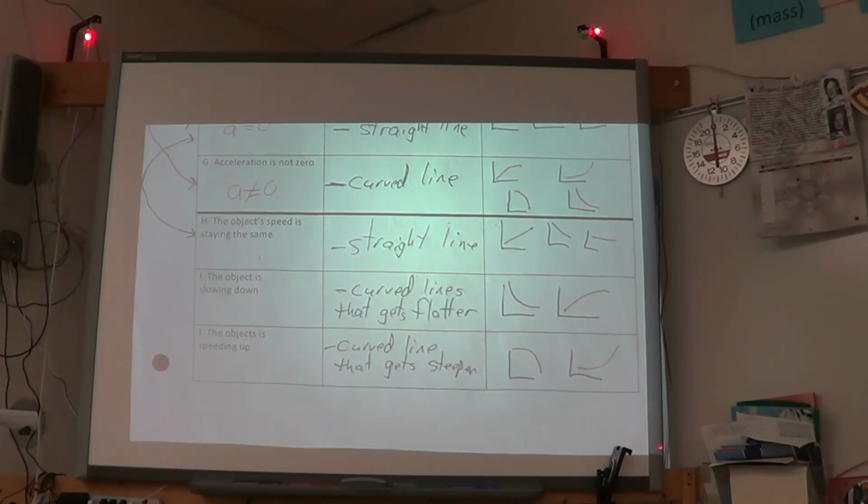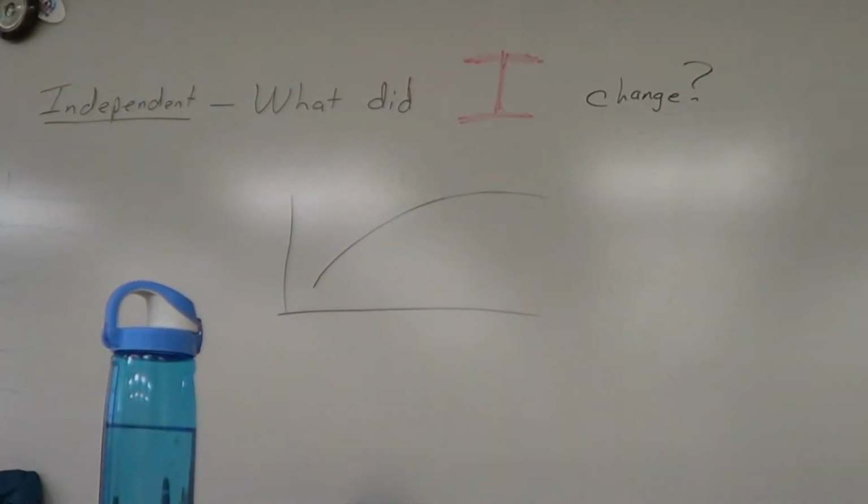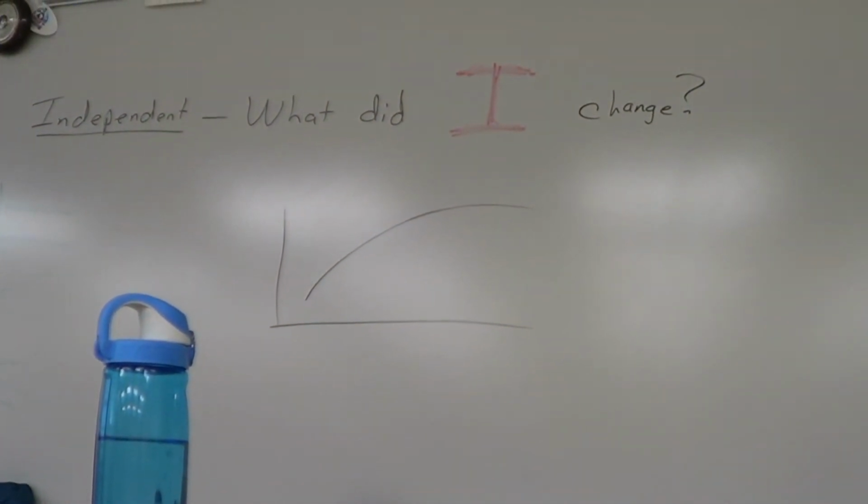Now, if I were to give you a graph that looks something like that, I would want you to be able to describe the motion of that object, or of that graph. Okay, so let's start at the top.